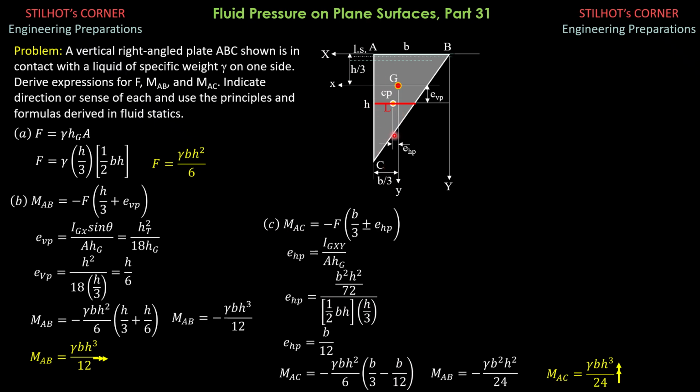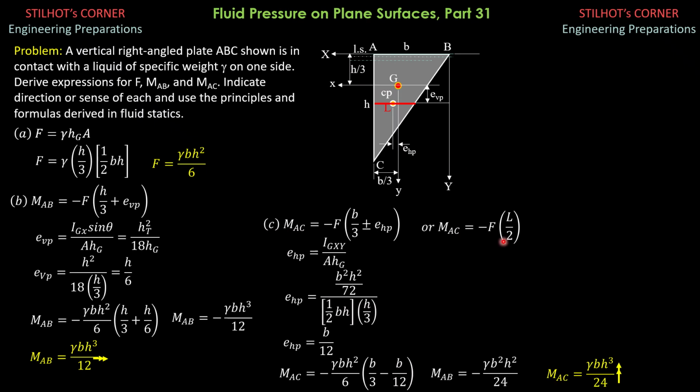We cannot do that if one of the bounding sides or both sides are curved. But if they are straight, then moment about this vertical edge is simply F times half the length of this line through the center of pressure, where the force F acts at the center of pressure. So moment AC is also negative F times L over 2. A negative sign is preceded, as I said, because our right thumb will be pointing in the negative Y direction.